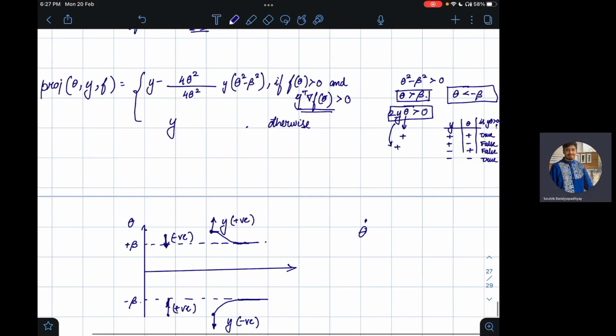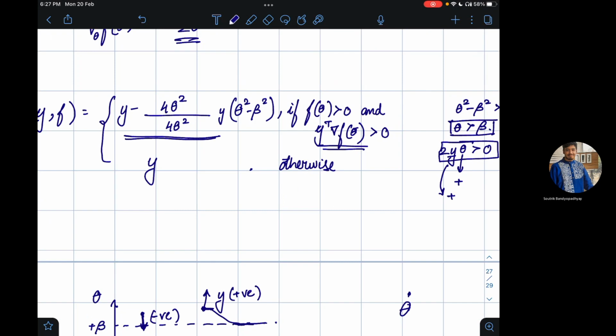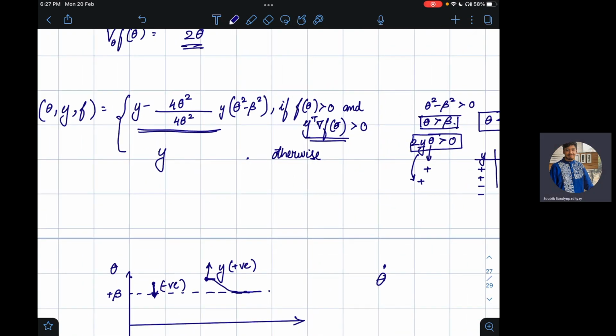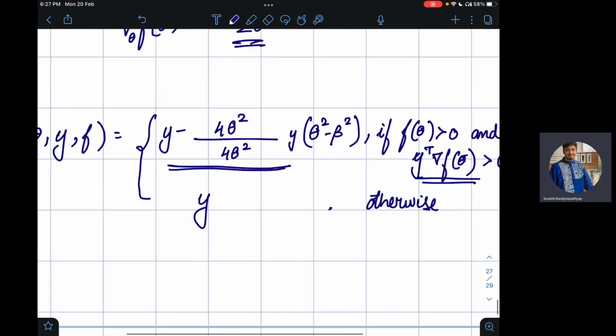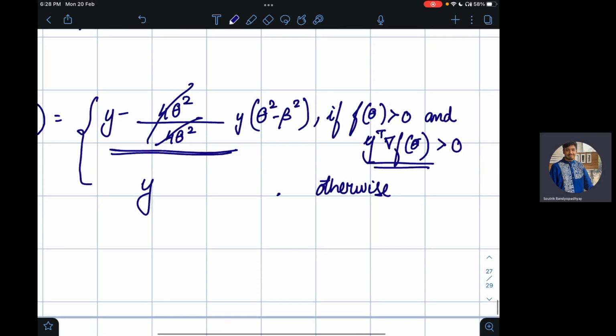So this condition encompasses in which cases you want to project and in which cases you don't want to project. In this toy example, these two terms get cancelled out and you are left with this condition.